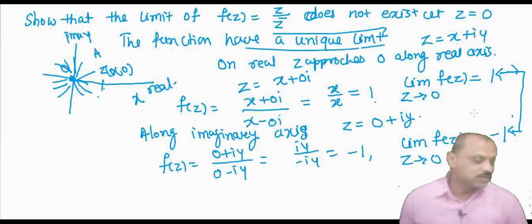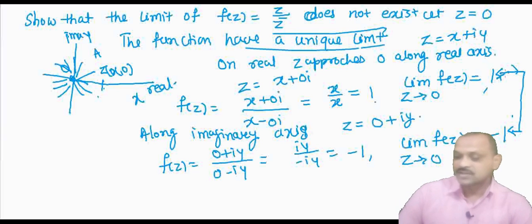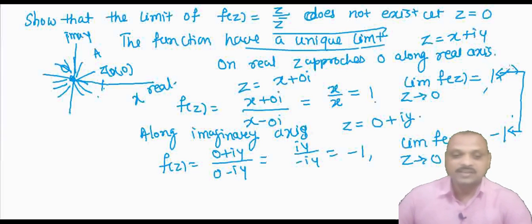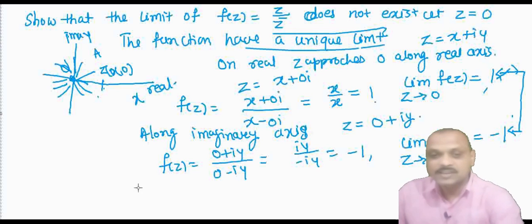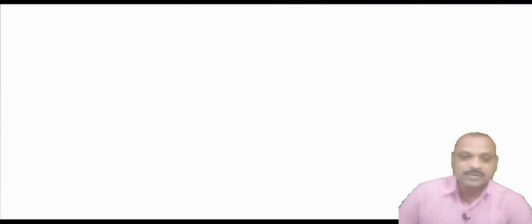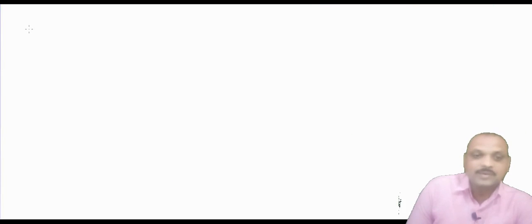Okay friends, now let us see one theorem. This is a very beautiful and important theorem in complex analysis. So we see the proof of this theorem. I am going to write the statement of the theorem here.